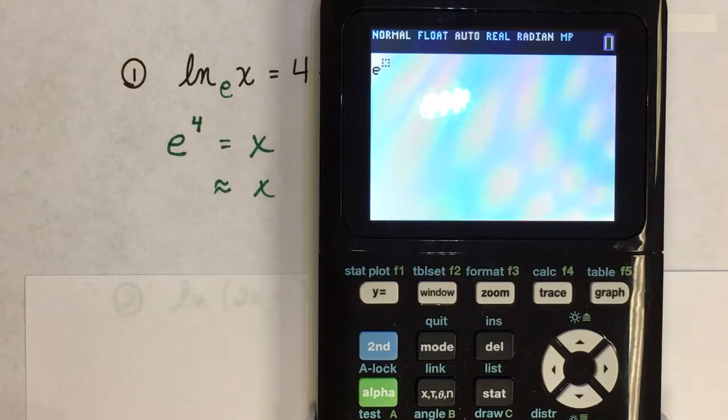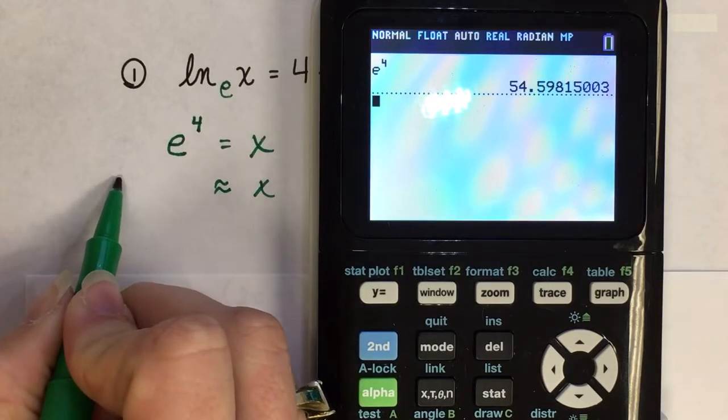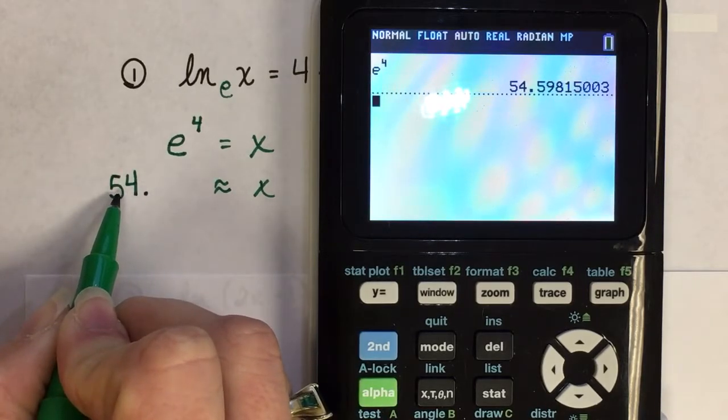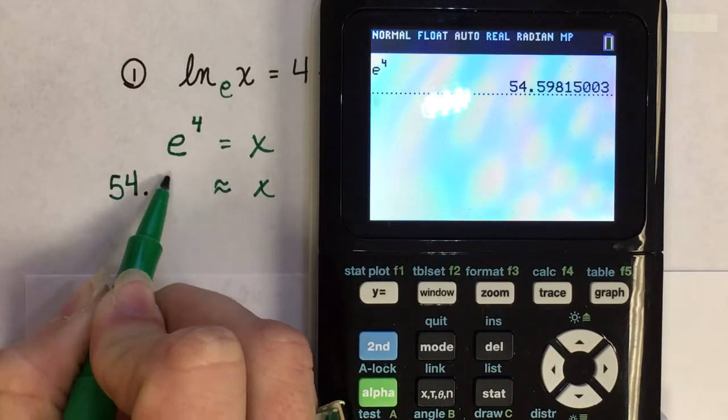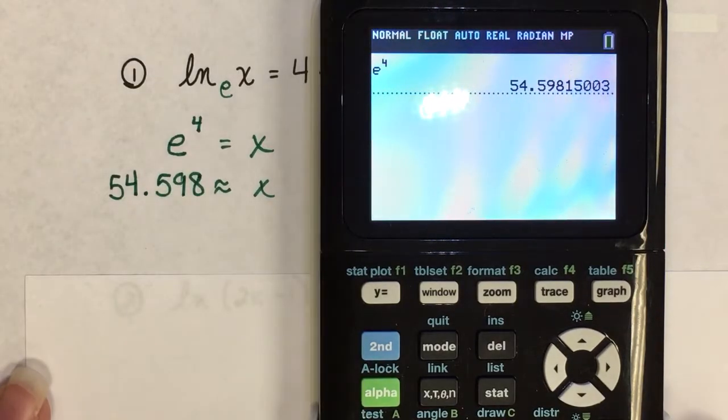So that's going to give you your e. Of course, you're going to raise this to the 4th power. So I'll keep, say, 3 decimal places, which would be to the nearest thousandth, I would have 54.598. And like I said, you'll just need to read the instructions in MyMathLab as to your rounding, okay?